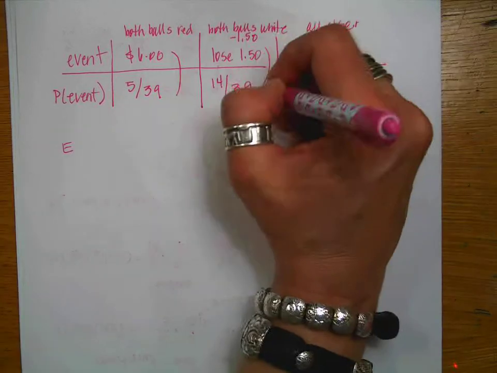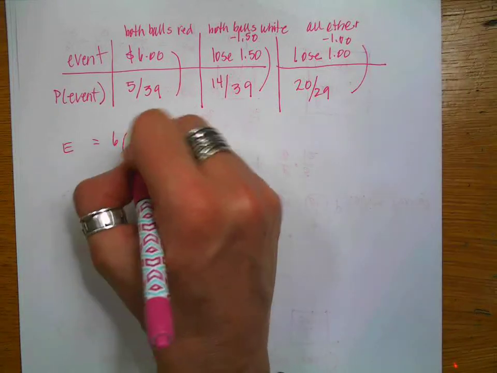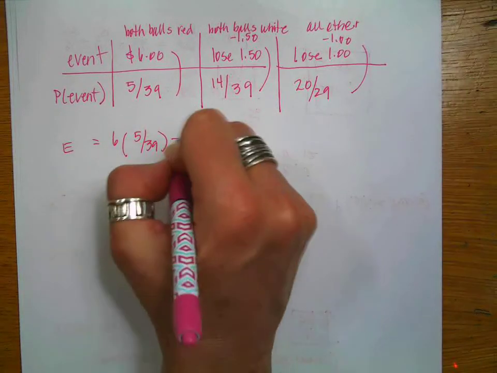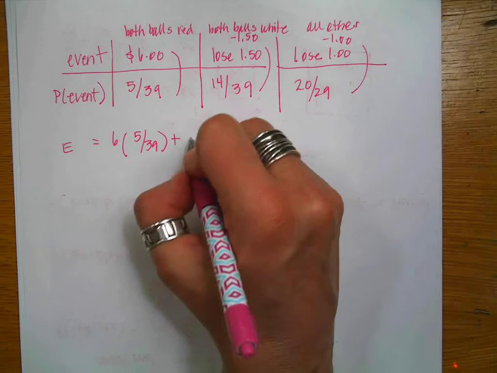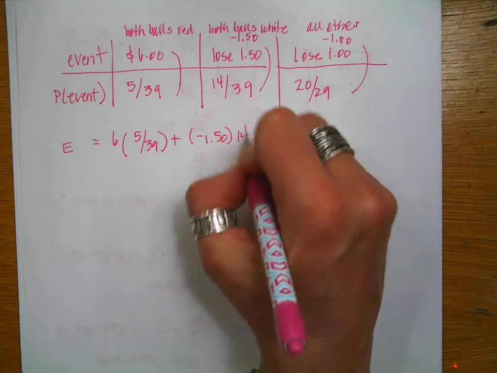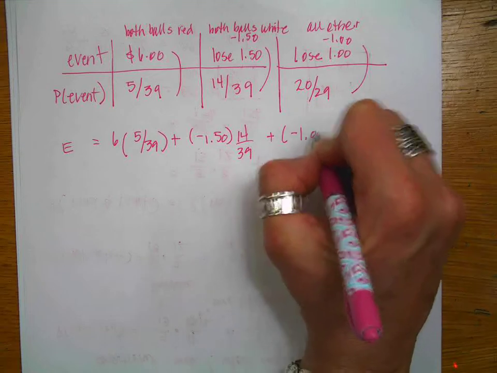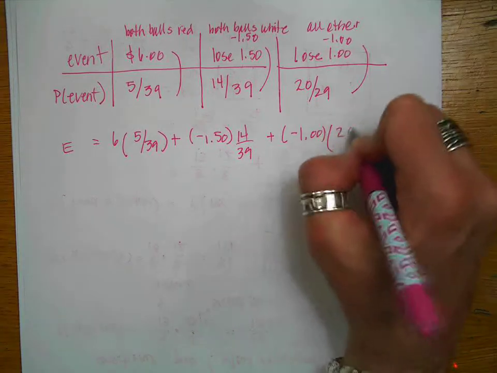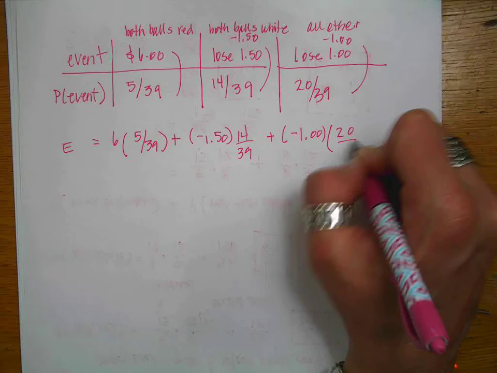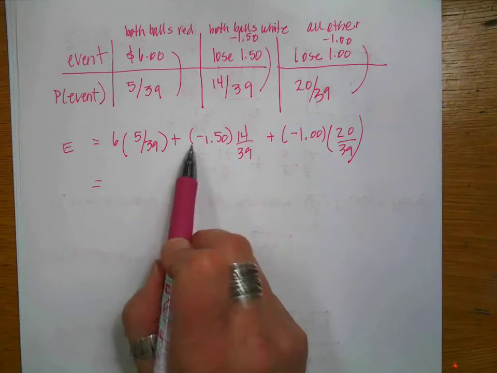So my expected value, remember we multiply these numbers together, is going to be 6 times 5 out of 39 plus a negative 1.50 times 14 out of 39, and then plus the negative $1 times the 20 out of 39.